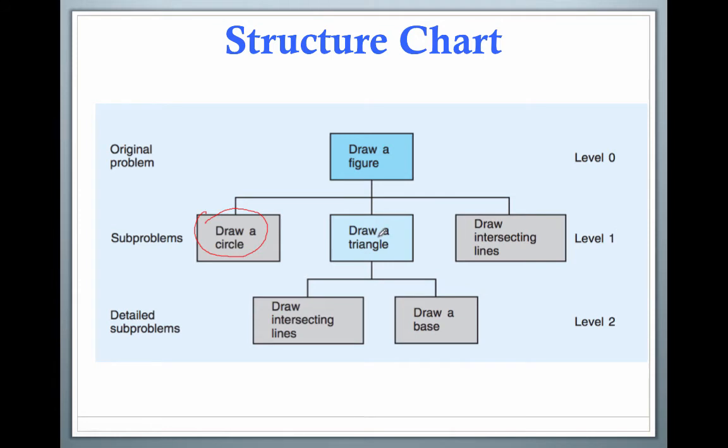Then you draw the triangle. But the triangle is made up of drawing the intersect and drawing the base. And then that would make the triangle. And then you draw the intersecting lines for the legs. So when you do all of that and complete it together, you have the head, then you draw the intersect and the triangle, and then you draw the legs.